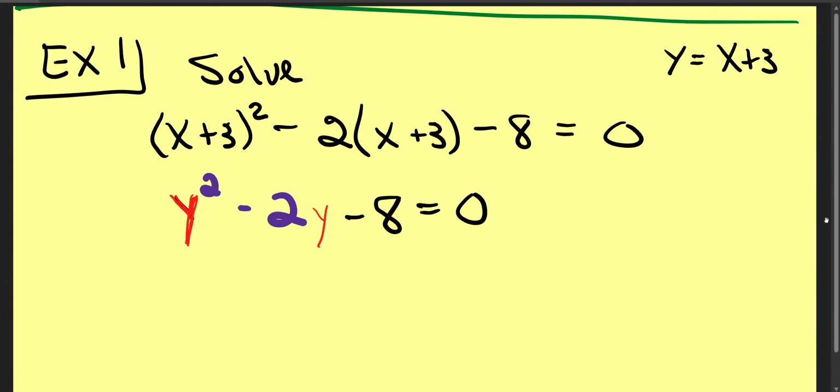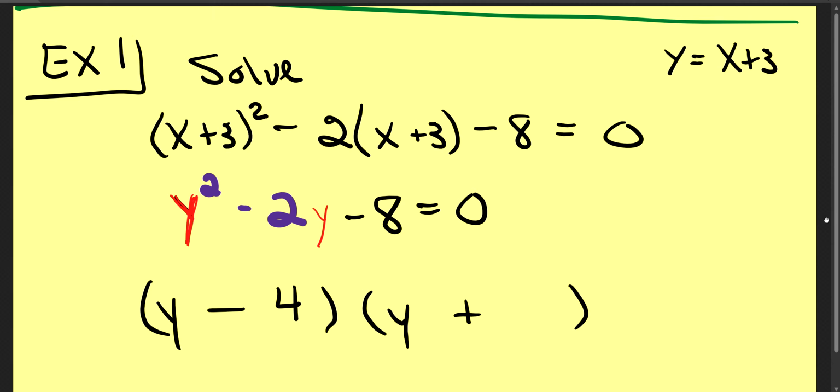All right, so let's go back. Lead coefficient is 1, so that's the easy one. Fill it up with a y here and a y here. My signs would be minus and plus. And then my two values, I need a negative 2 in the middle. It must be 4 and 2.